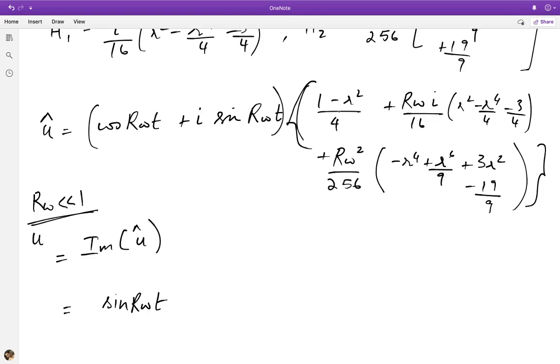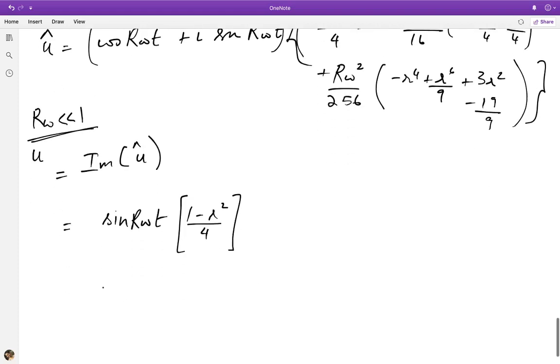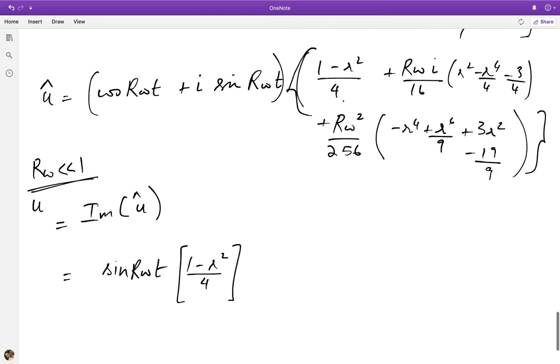When I multiply it throughout, it will keep the term imaginary provided I multiply it with only the real contributions from h. So I'll get 1 minus r squared by 4 here. And this is also just the first order term, right? There is no contribution from cosine r omega t times 1 minus r squared by 4 because that's real.